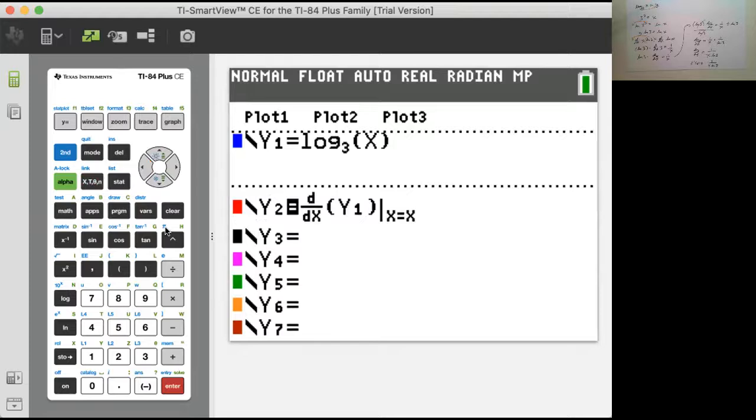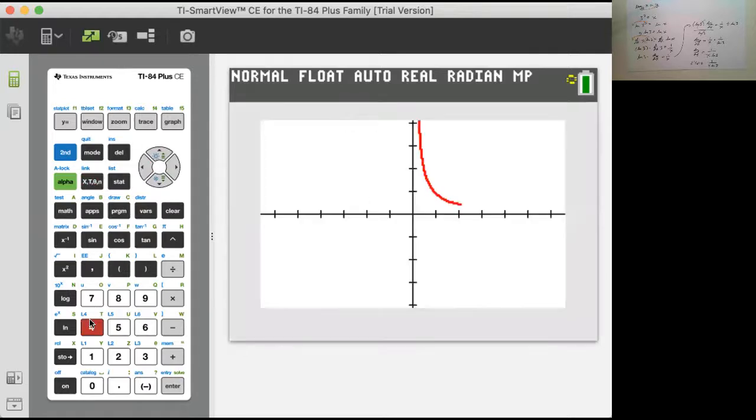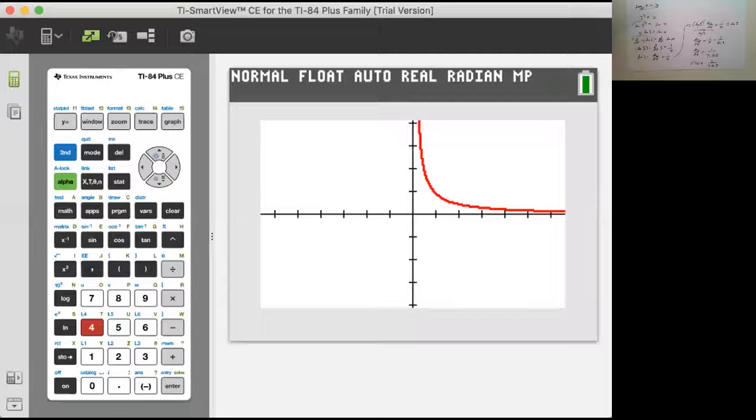So let's turn that off and let's do a zoom decimal maybe. And the red graph is the derivative of log base 3 of x. Now, what do we think it is? We thought it was 1 over x times the natural log of 3. So let's plug that in, and let's see if that graph goes on top of it.